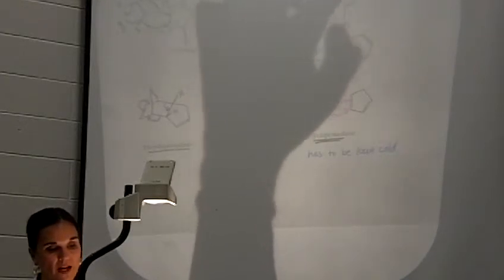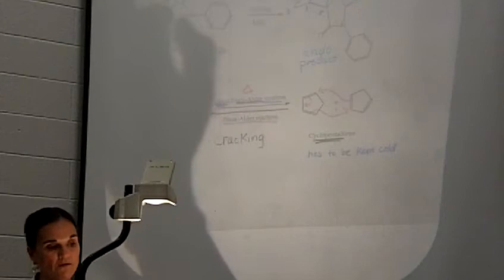Then electrons between 1 and 2 flow between 2 and 3. Then electrons between 3 and 4 flow over to carbon 5. Okay? So in the end, here's our 1, 2, 3, 4, 5, 6. So we went from 3 double bonds to 1 double bond.